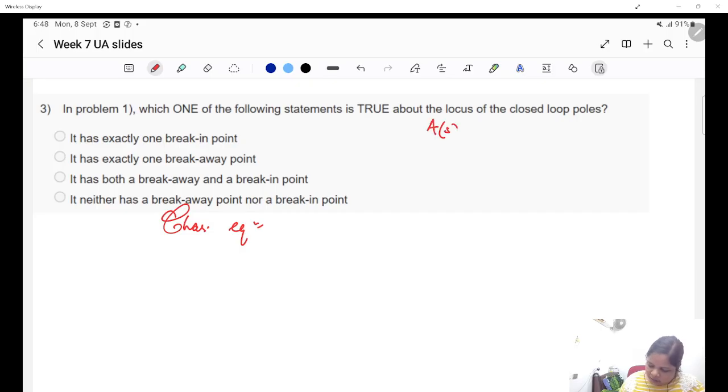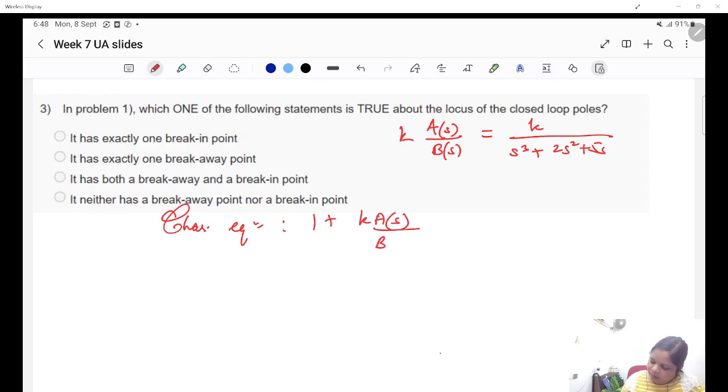Your A(s) upon B(s), actually K A(s) upon B(s), is given by K upon s cube plus 2s square plus 5s, right? Now, the characteristic equation is 1 plus K A(s) upon B(s) equal to 0, and K is greater than or equal to 0. We already saw this.